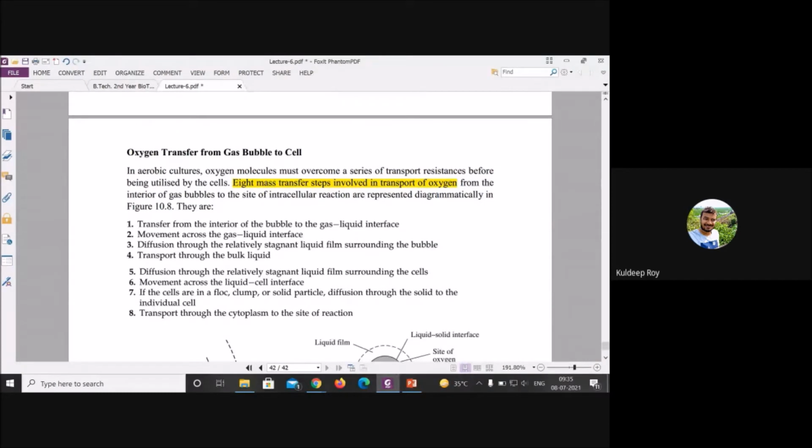Today we are talking about how the film theory, or any fundamental theory, is related to your bioreactor. We first have to see this: you are providing air, this is your oxygen, to a particular bioreactor. What will happen?